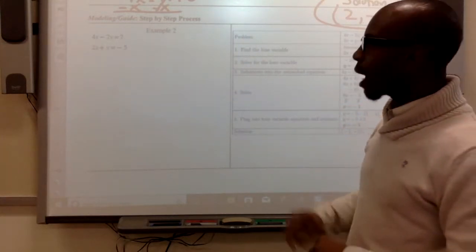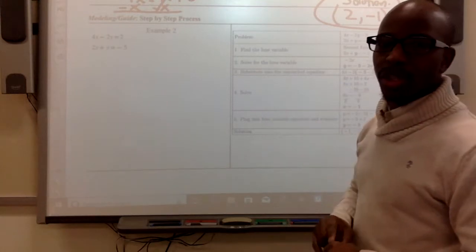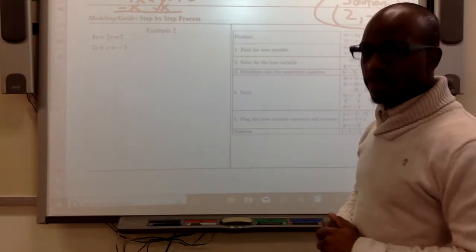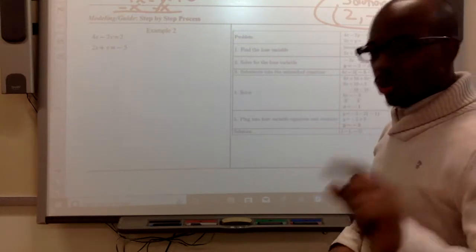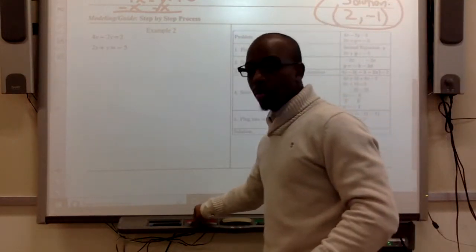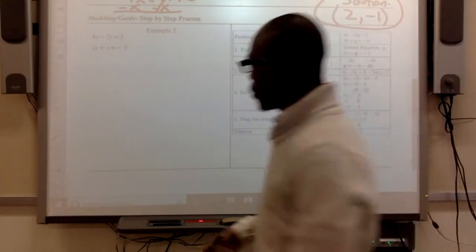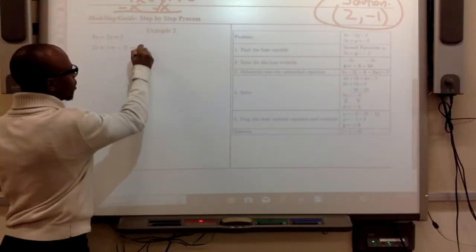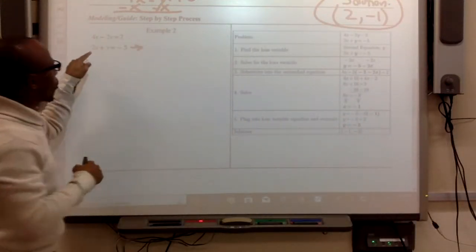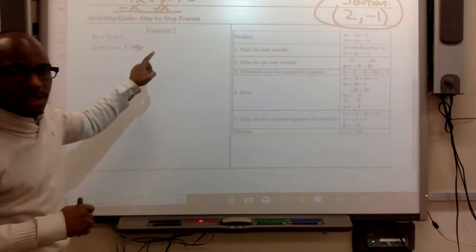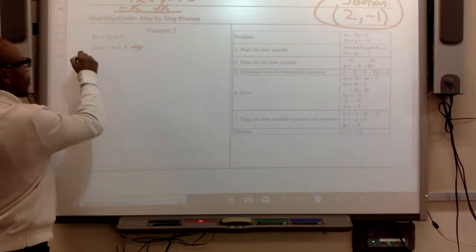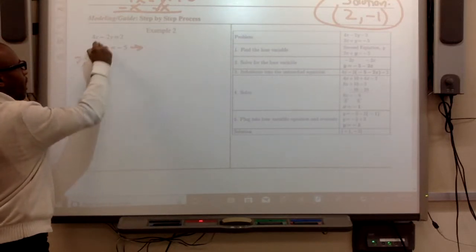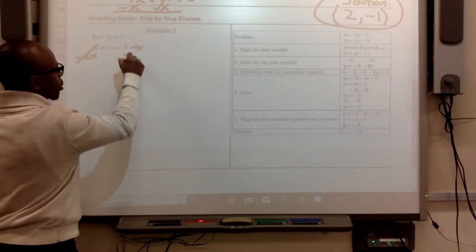So what I want to do is this. I'm going to rewrite the second equation only, and I'm going to solve for y. When I go to solve for y, I'm going to move that 2x over to the other side. Since this is a positive 2x, I need to subtract it. So I'm going to subtract 2x here, which will cancel that out, and subtract 2x over there.